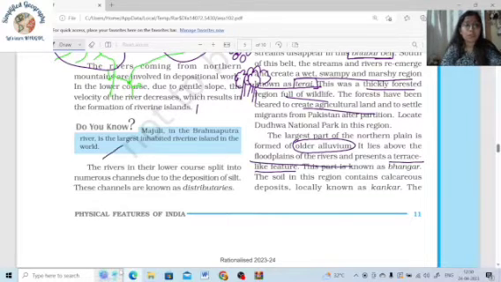What is a floodplain? When the rivers are flowing and carry too much load, and several rivers are also captured by the river, the volume of water is also increased. So it is too much load to carry.